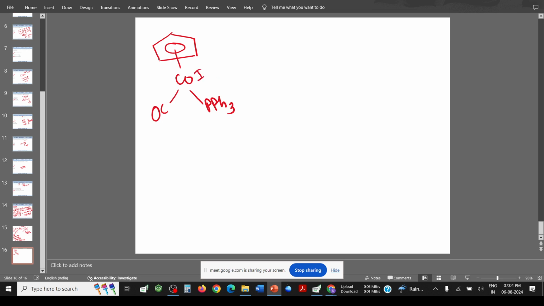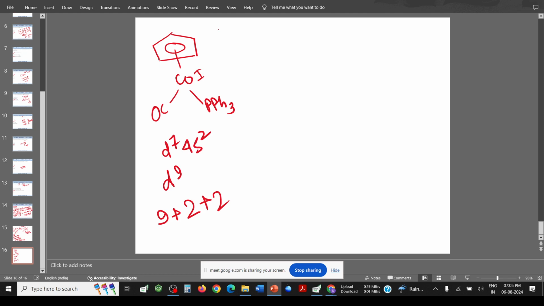So what will be the total electron count for this molecule? It is very easy, na? Total valence electron count, please tell me. Tell me the electronic configuration for the cobalt. d7 4s2. That means this is d9, total 9 electrons, plus CO 2 electrons, and this one also 2.